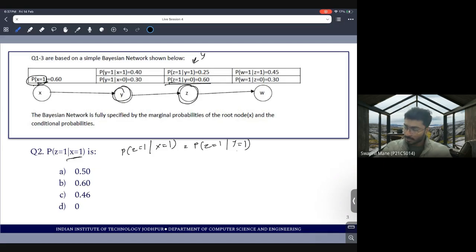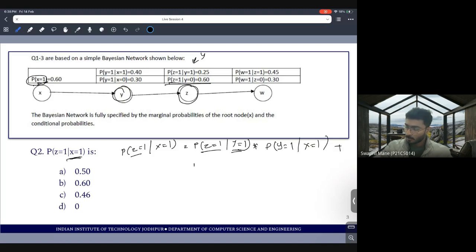So we need to calculate the probability of y is equal to 1 given that x is equal to 1. So the first part is z is equal to 1 given that y is equal to 1, multiplied by the probability of y is equal to 1 given that x is equal to 1. This is the first part we get for the y is equal to 1 combination.